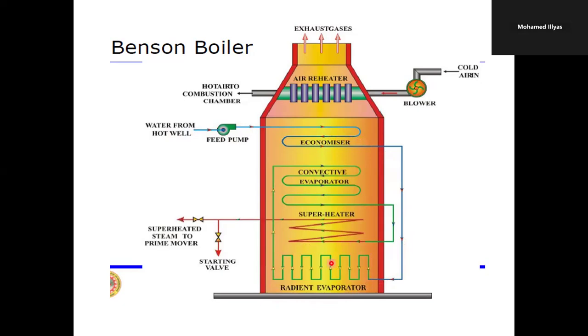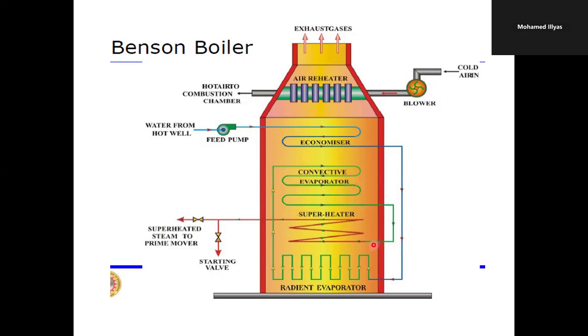So radiation heat transfer is taking place. So water is converted into wet steam here. And then this wet steam is supplied to the convective evaporator where the heat energy is extracted from the hot gases which is flowing over the tubes. So the wet steam is converted into dry steam in the convective evaporator.